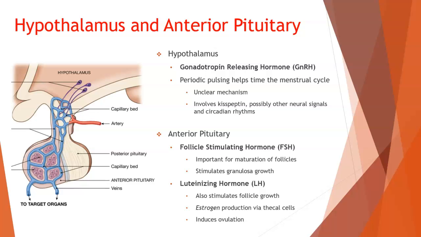FSH is important for waking the dormant follicles and stimulates the granulosa tissue, causing a limited number of them to start maturing. LH also stimulates follicular growth, but does so by targeting thecal cells, resulting in increased estrogen production. A surge of luteinizing hormone also acts as a trigger for ovulation, when the mature egg is released from the follicle and swept into the fallopian tube.